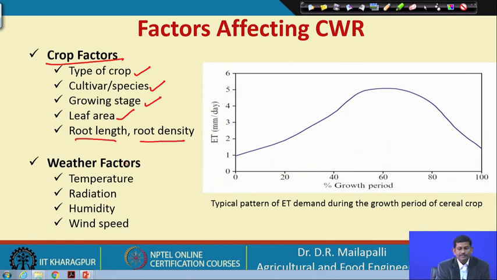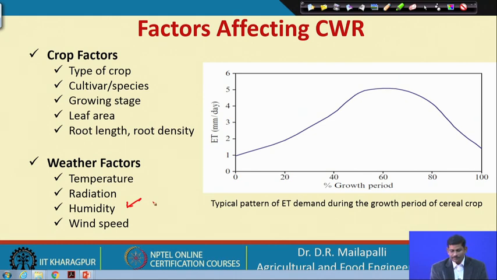All of these influence the evapotranspiration as well as the crop water requirement. Then weather factors such as temperature: increasing temperature definitely increases evapotranspiration and the crop water requirement. Also radiation, humidity and wind speed. Some are positive and some are negative. For example, if the crop is under humid conditions, the evapotranspiration will be less and the crop water requirement may be less.